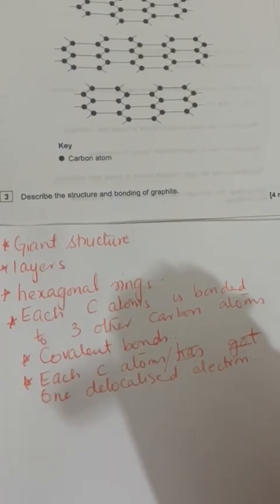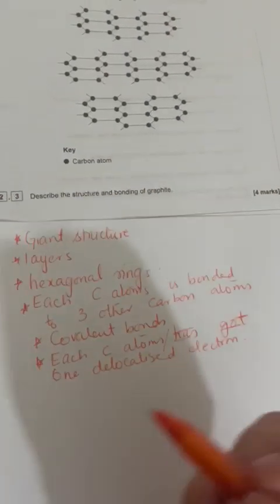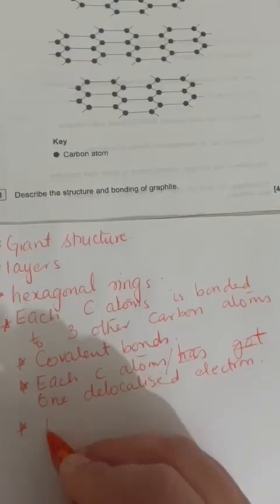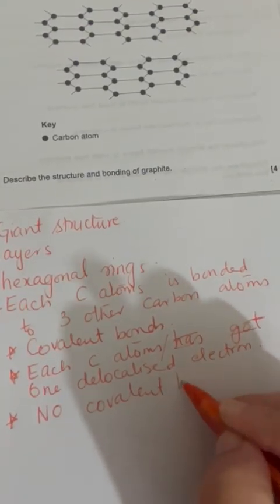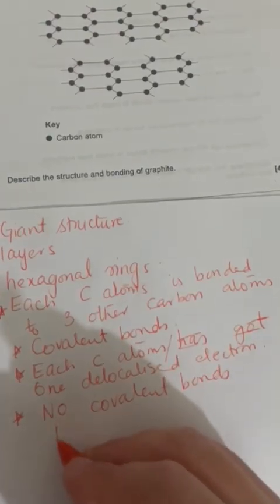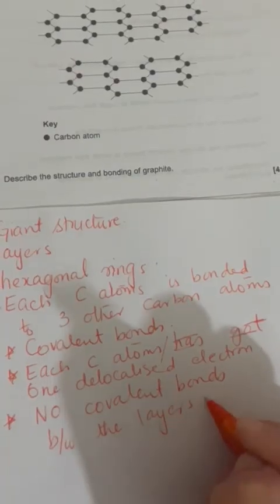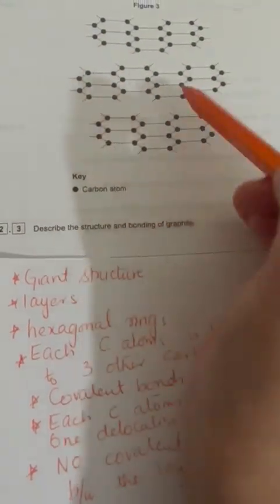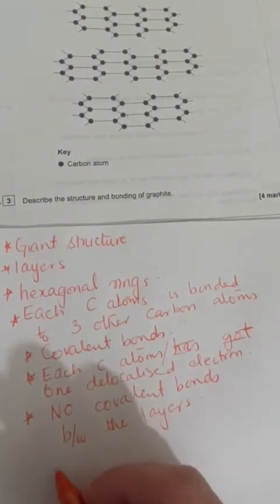And 2 more points which you need to remember here, which will make you go to level 2 to get 3 to 4 marks, are that you need to say there are no covalent bonds between the layers, because you can see there are no bonds between these 3 layers which are here, and you need to say that covalent bonds are very strong.